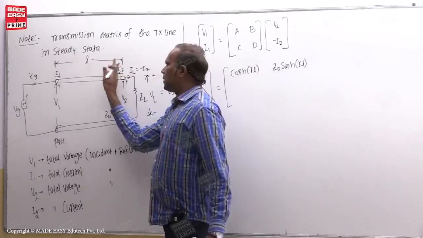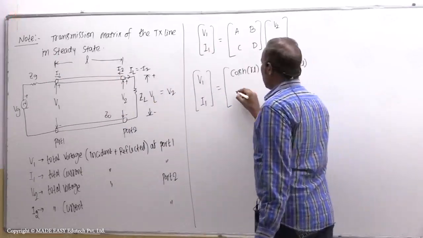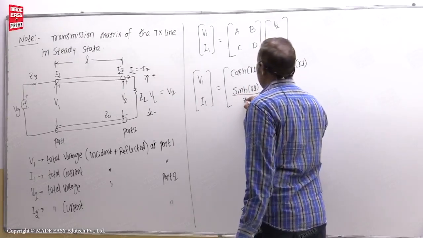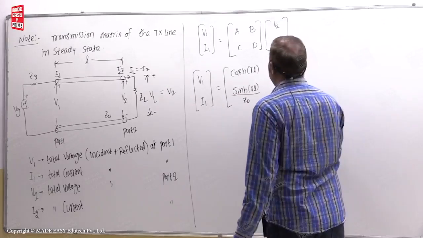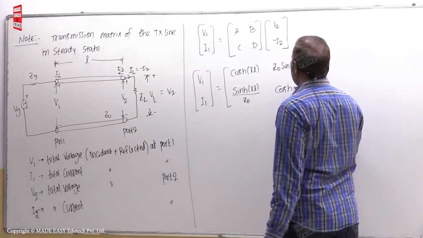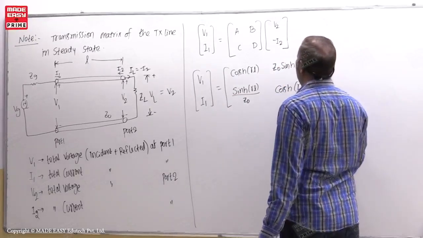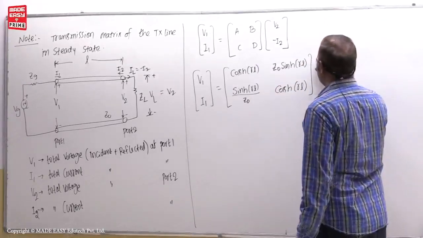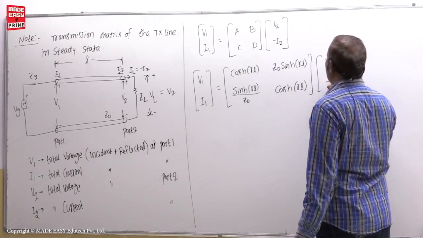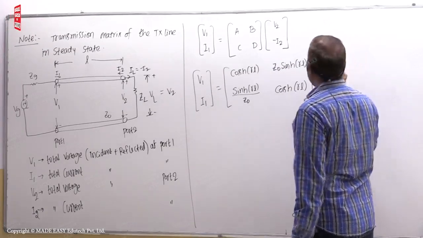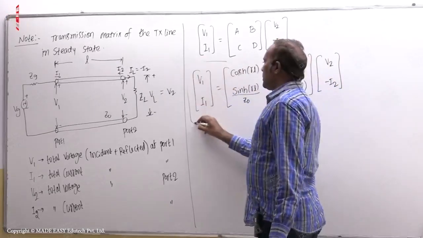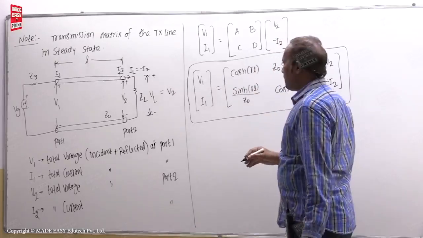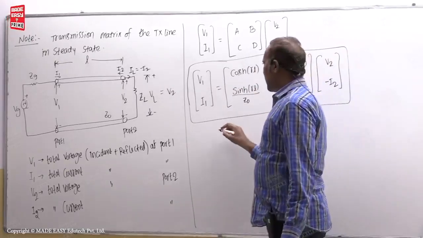Then sinh gamma L divided by Z0, and cosh gamma L. I wrote the voltage and current equations, and from that only you get this one, times V2, minus I2. This formula is used for a general transmission line.